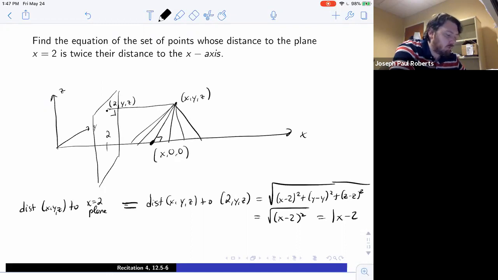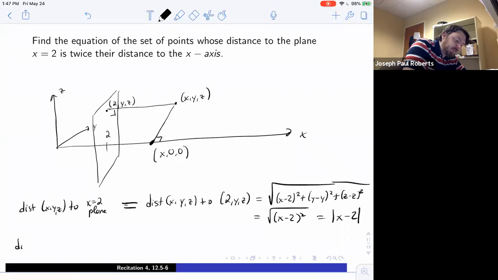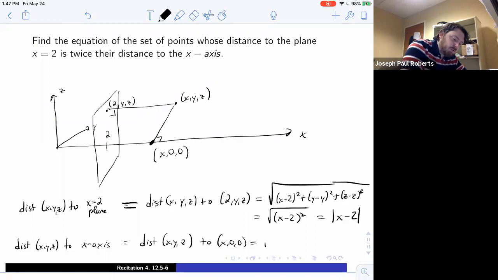The closest point on the x-axis to xyz is x, 0, 0. So the distance from xyz to the x-axis is the distance from xyz to x, 0, 0, which ends up, after you go through the distance formula, being the square root of y squared plus z squared.